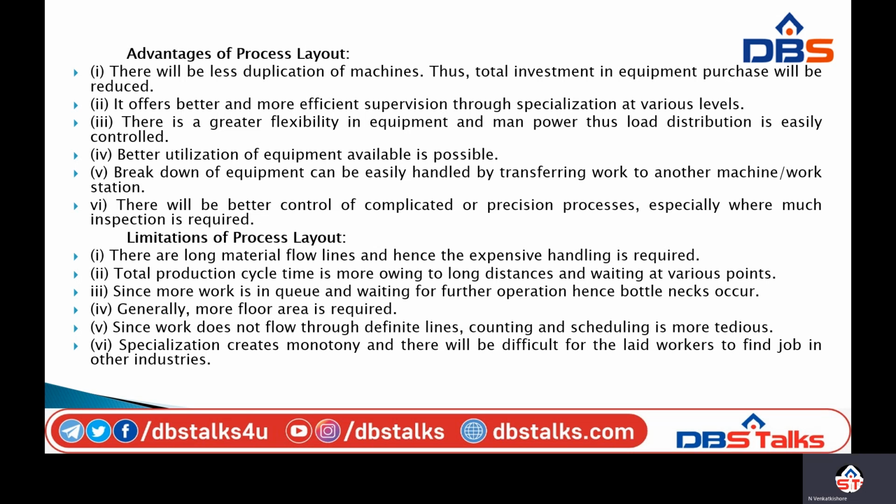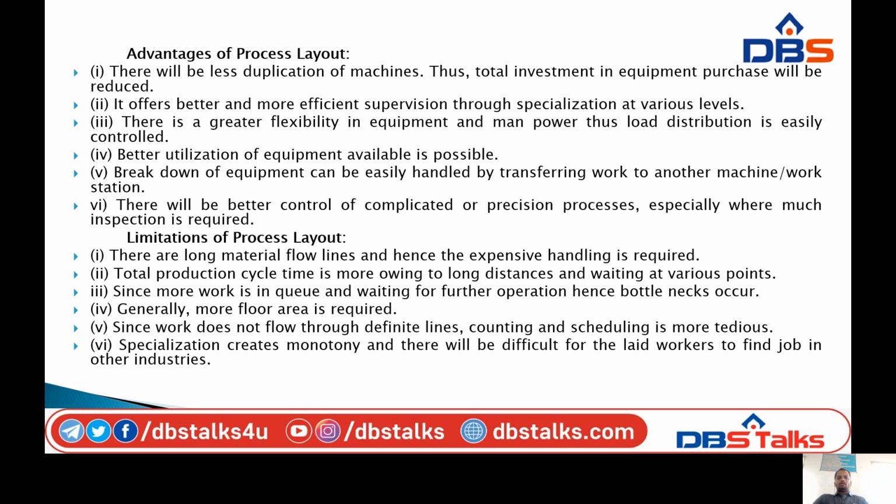The limitations of process layout: there are long material flow lines, and hence expensive handling is required. The total production cycle time is more owing to the long distance and waiting at the various points.